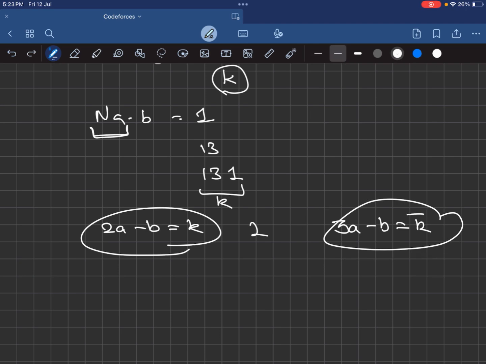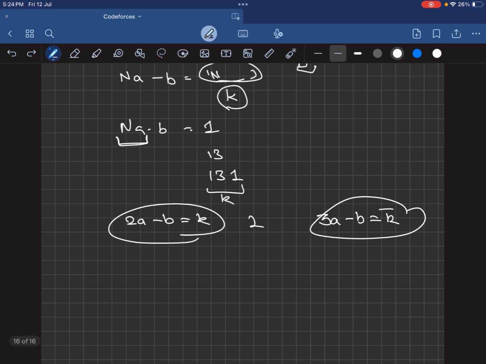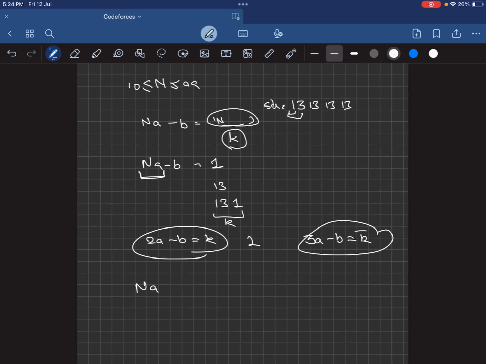This is the final equation which we'll have, and we'll just plug this equation into the original question. So n times a minus b, okay, so b is essentially 2a minus k. So you plug in the value of b over there, and once you plug in the value, you'll get a certain equation.